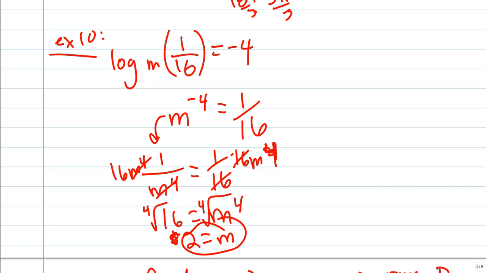Even though algebraically we get a plus or minus, the negative 2 is extraneous. Why don't we have negative bases and exponents? Because we don't need them. We could just do it, but we don't do math for the sake of doing math. We don't need a negative base. So the negative 2 is extraneous. Like I said, that's one option. That's not actually how I would have solved this.